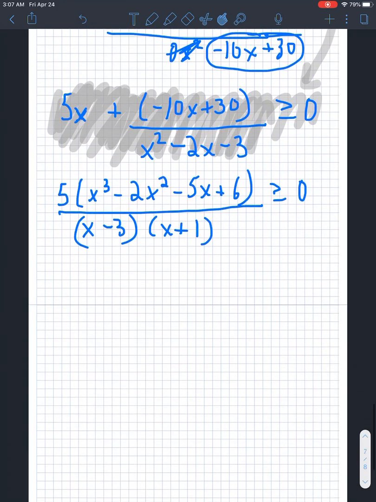Let's continue along. A 1 obviously goes into this, because 1 cubed is 1, minus 2 is negative 1, negative 5 plus 6 is 1. So this is going to be 5(x minus 1).